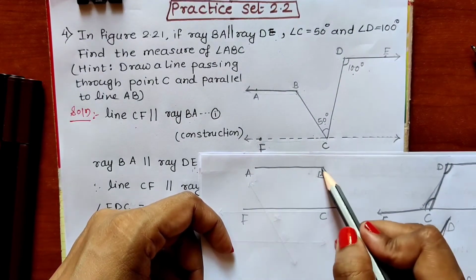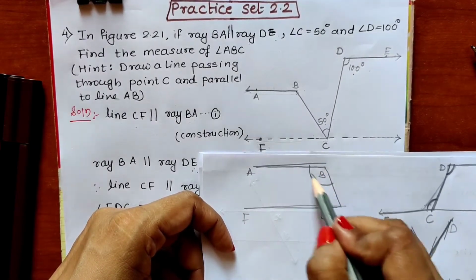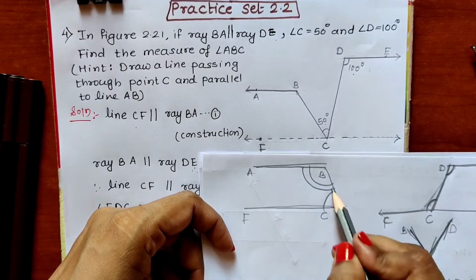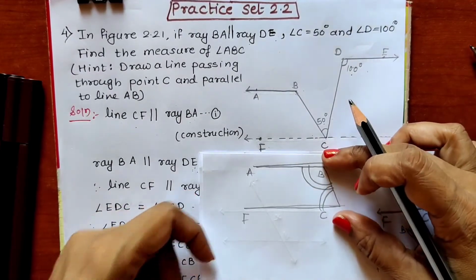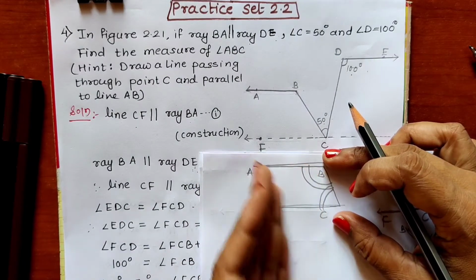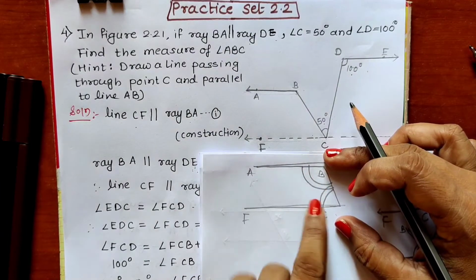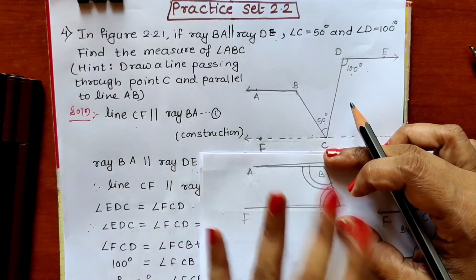Due to this transversal BC and AB parallel to CF, these two angles, angle B and angle C, are interior angles on the same side of the transversal. What is the property of interior angles on the same side of a transversal? Interior angles on the same side of a transversal are supplementary.